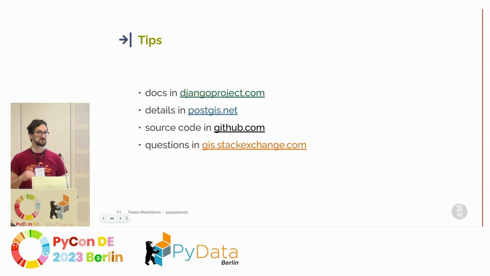Read also the source code of both projects on GitHub, because there is something you can learn only from the code. And I also recommend to search for questions on Stack Exchange, but try to answer them by yourself and not reading the answer. It's a good way to improve.